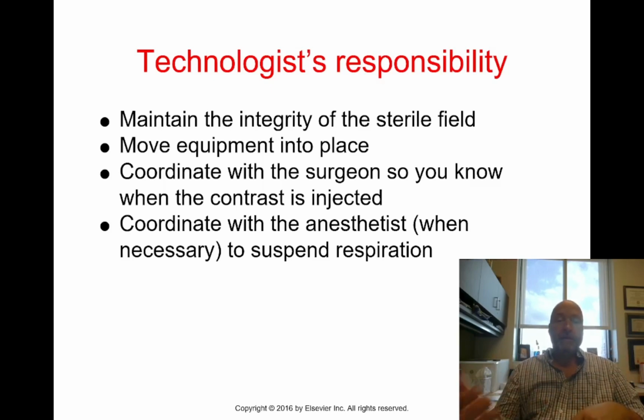So we're going to move that into place. You can coordinate with a surgeon so that you don't expose the patient before the contrast is inside of the patient. So the surgeon may want to inject and step out of the room, and that's fine. The contrast is still going to be everywhere it should be. So they're going to inject. You're going to make your images, maybe with portable, maybe with a C-arm.